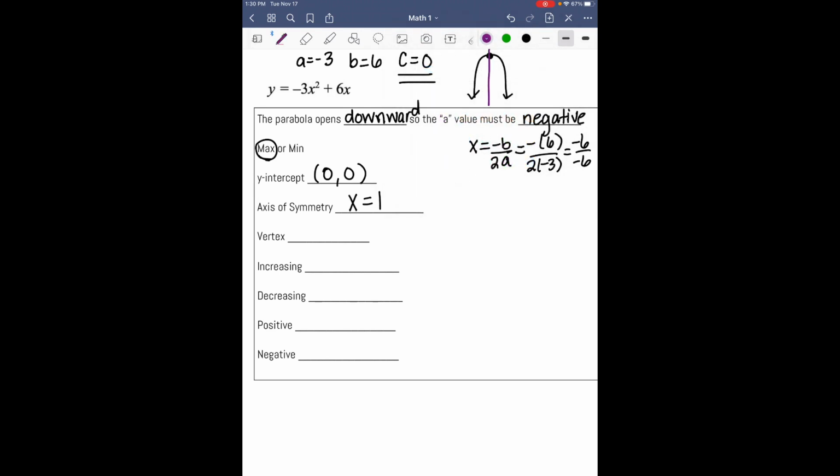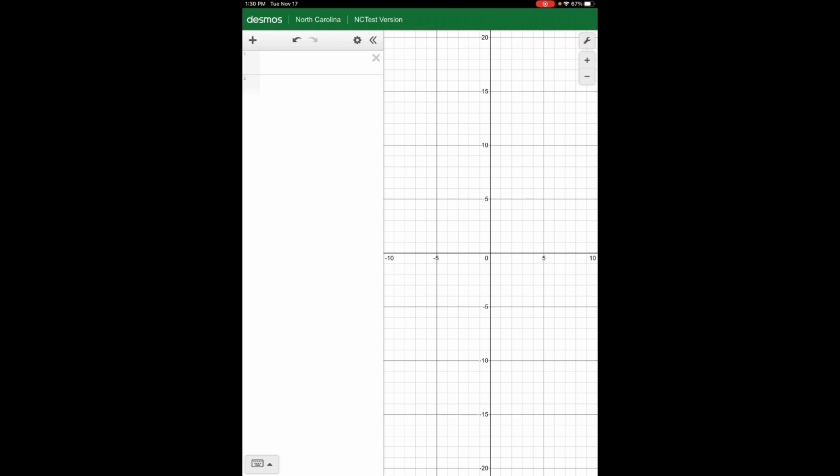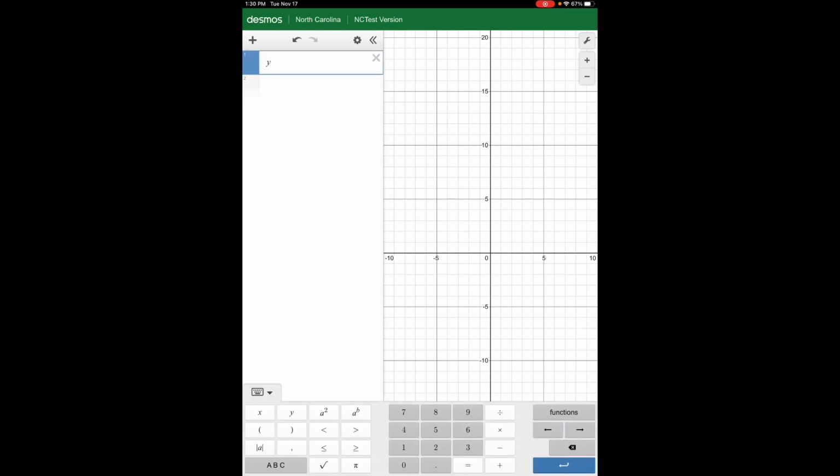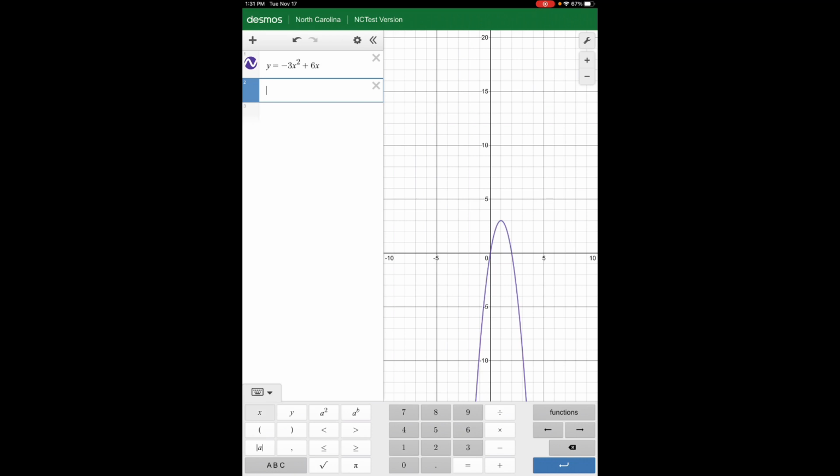So I know I have an axis of symmetry at x equals 1. And again, I can go ahead and graph this and look at it if I'd like. y equals negative 3x squared plus 6x. And I can see that I have an axis of symmetry at x equals 1.